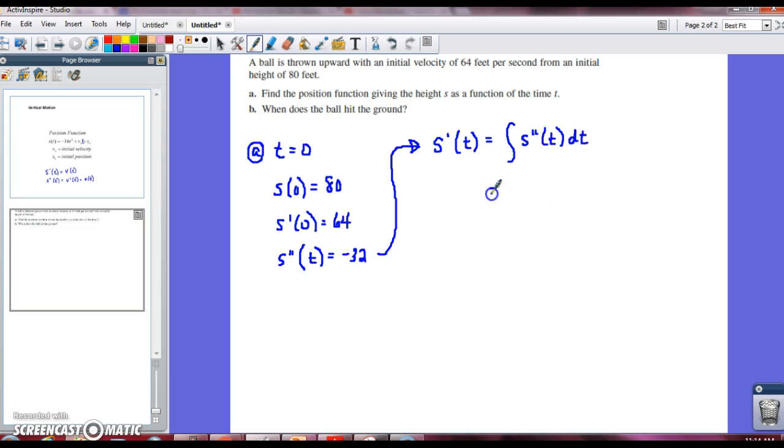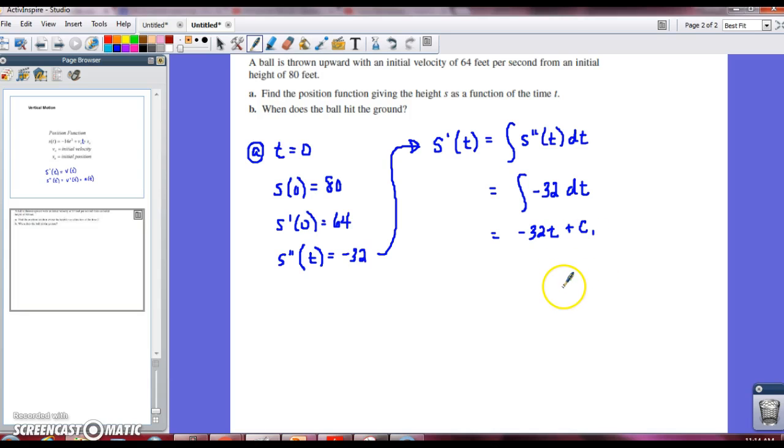And so if I go ahead and substitute in, I end up with the integral of negative 32 dt, which would then give me negative 32t plus my constant c. I'm going to call that C1.